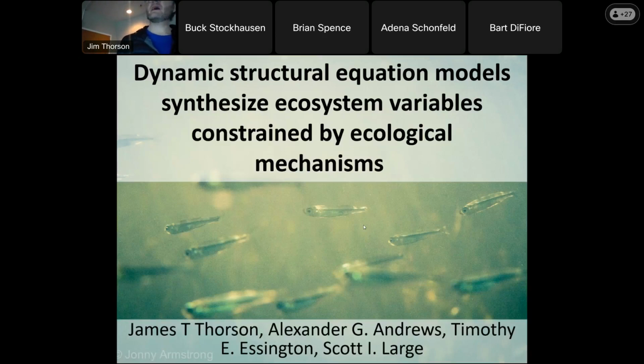This paper's in minor revisions at Methods and has a package called DSEM that I'm trying to get up on CRAN this week. Again, there's a vignette. PhyloSEM has vignettes that replicate all the stuff I showed. This will have a vignette replicating all the stuff I'll show that you could access by end of week.